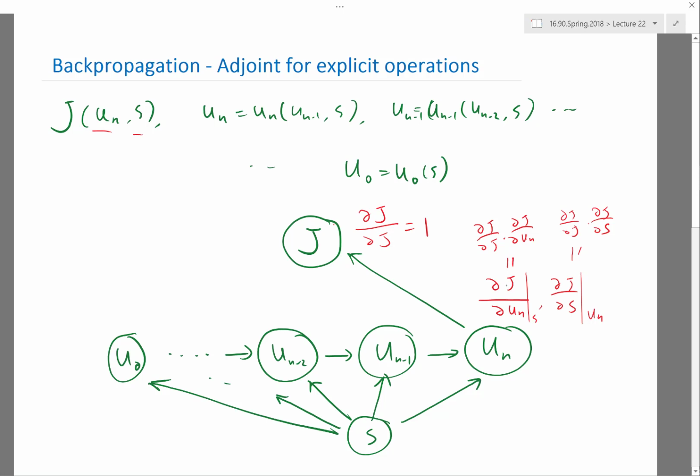Backpropagation means I go backwards through the chain of calculations. What is the second last operation to be computed? It's the calculation of un, right? So we already know the derivative of j with respect to the outcome of that second last operation, right?